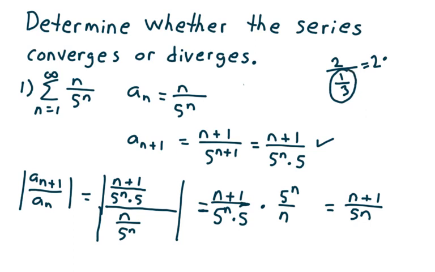That's why I'm taking n plus 1 over 5 to the n times 5 and multiplying by the reciprocal of the denominator, which is 5 to the n over n. And so the 5 to the n's cancel, and we're going to get n plus 1 over 5n.